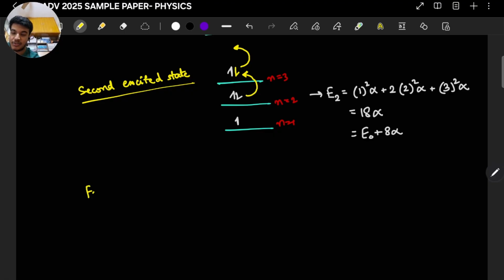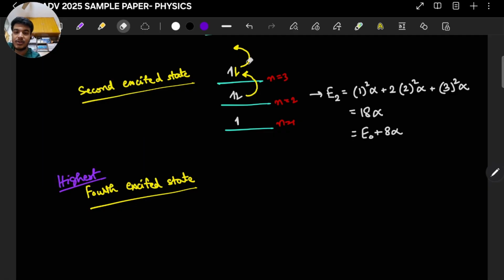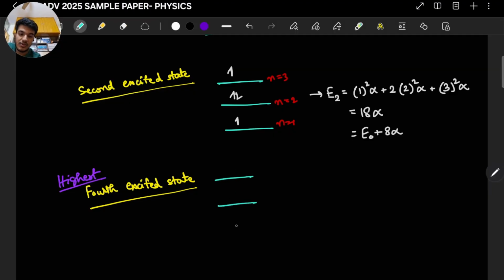So basically the highest possible state, the highest excited state, is my fourth excited state. The explanation I have just given. So let me just draw the state for you. It would be something like this.